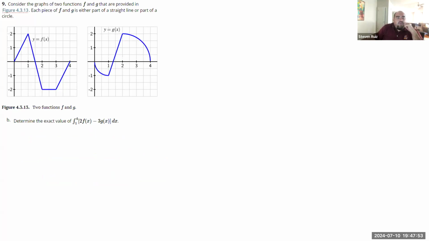Determine the exact value of the integral from 1 to 4 of 2f of x minus 3g of x. Well, let's do the decomposition up front this time. So I can rely on some of the other properties you've seen and hopefully took notes on before you got to the exercises.